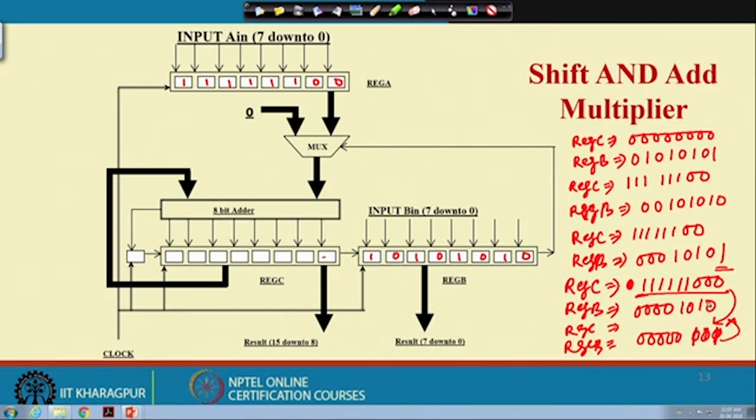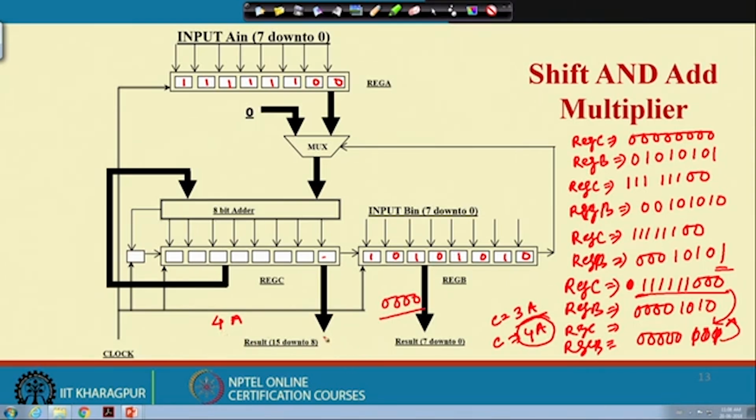So, that means again I have to add this with A again. So, that means now register C will be 3 times A, okay, and in this manner register C will finally be 4A, and all these bits will be 0.